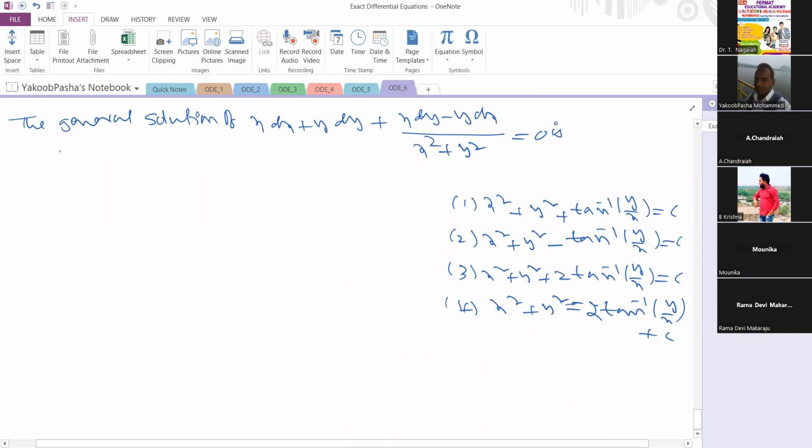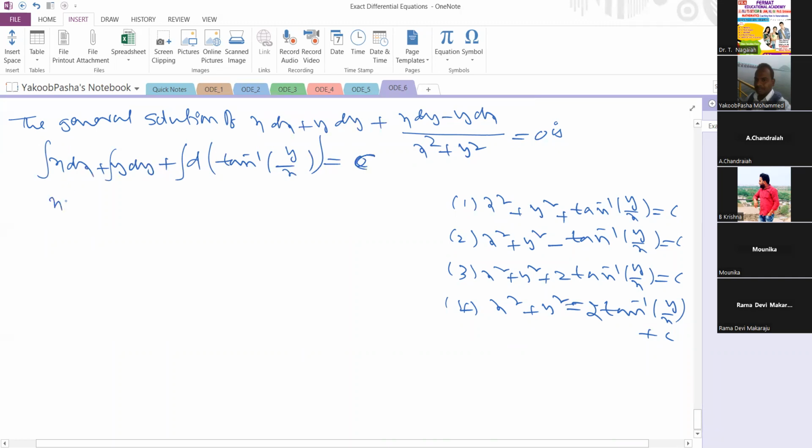First I'm writing x dx plus y dy as this, and this can be written as d of tan inverse y by x. This is the formula, and it is equal to 0. So now directly integrate here. When we integrate, we can write c here.